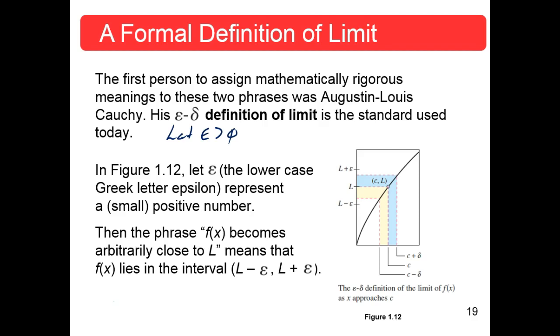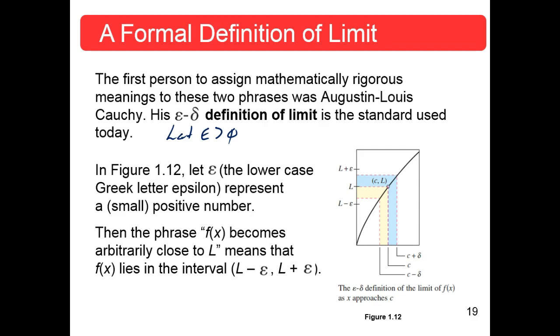So if you are given any epsilon greater than 0, no matter how tiny you make it, you can find a delta, if the limit exists, small enough so that you can guarantee that if you're close enough to c, f of x is going to lie within epsilon of your limit.